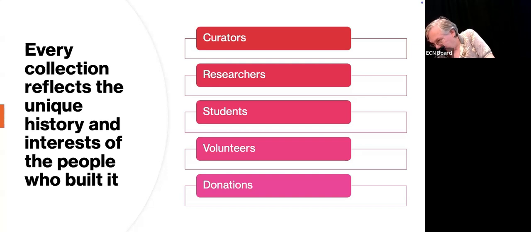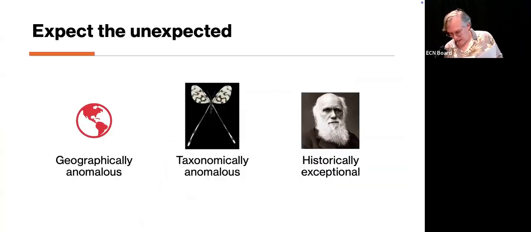And every collection has in it somewhere something that is not from where you would expect. So it might be geographically anomalous. It might be not the sort of taxon you would expect to find in that collection. So it would be taxonomically anomalous, or perhaps simply not on the scale you would expect as well.